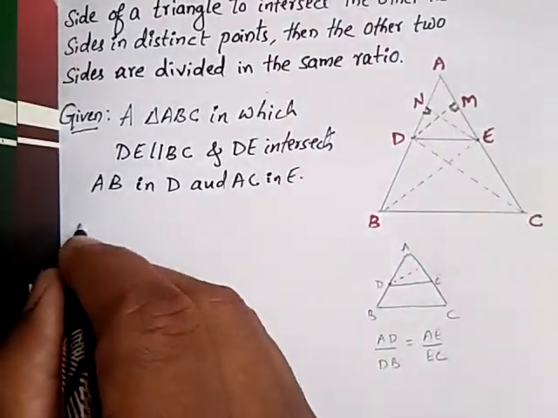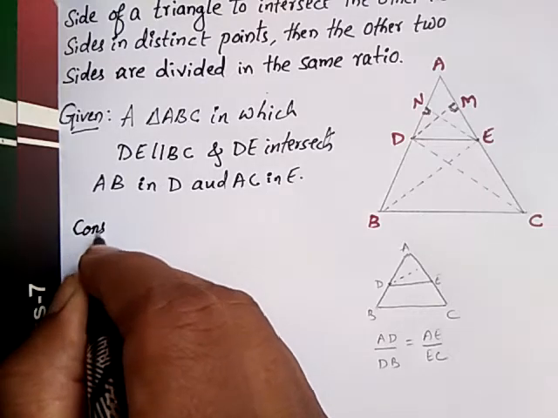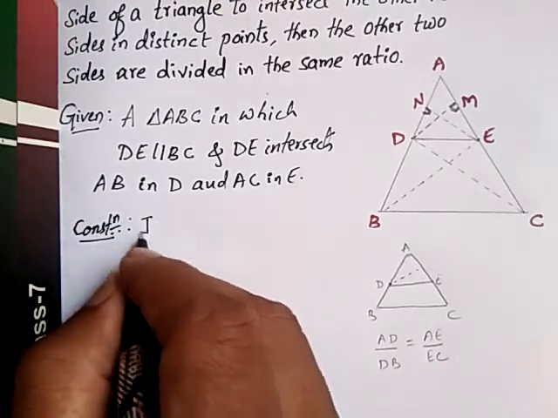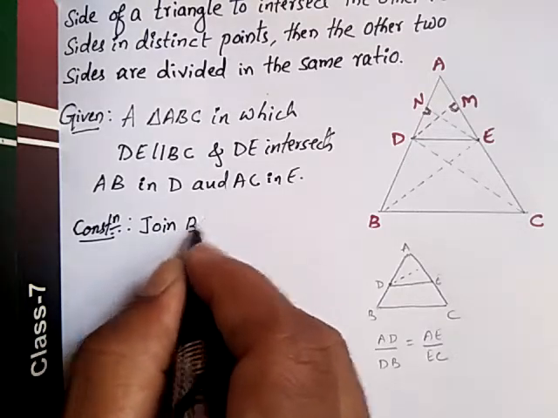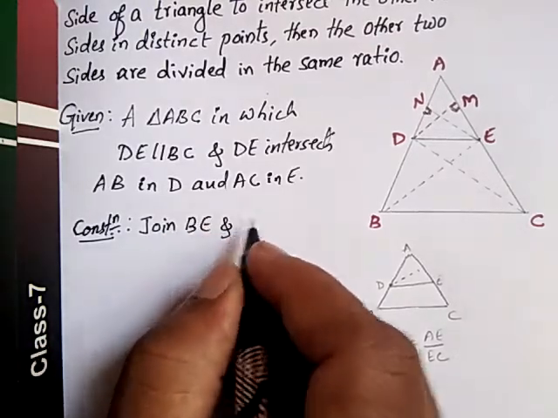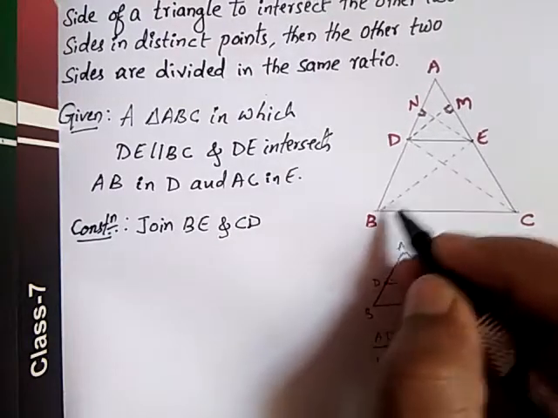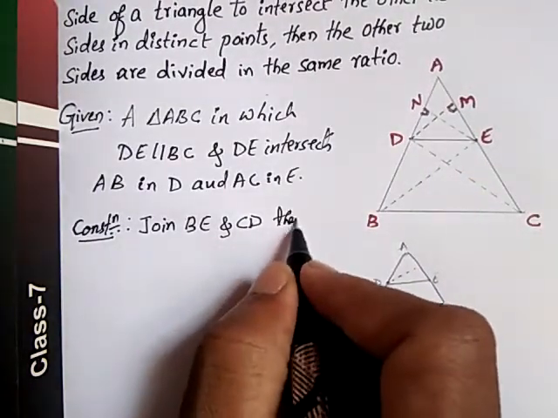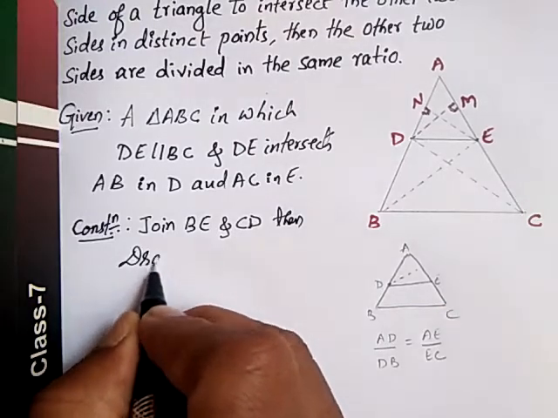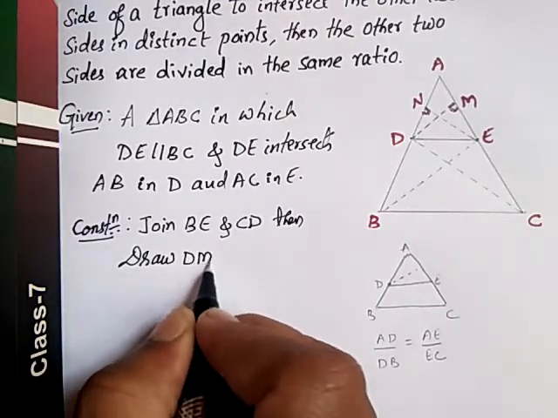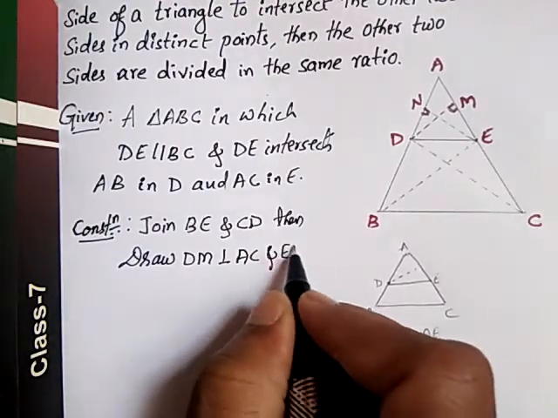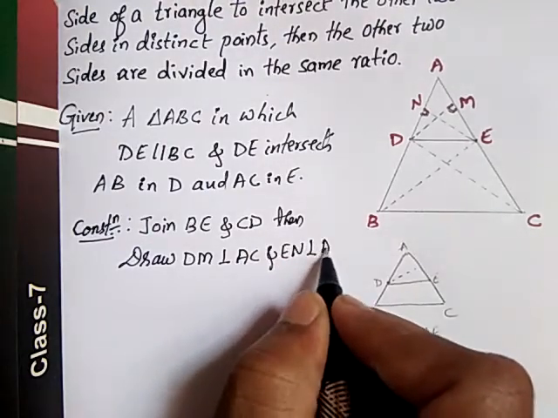Next you can see here construction. Shortly I will write: join BE and CD, then draw DM perpendicular to AC and EN perpendicular to AB.